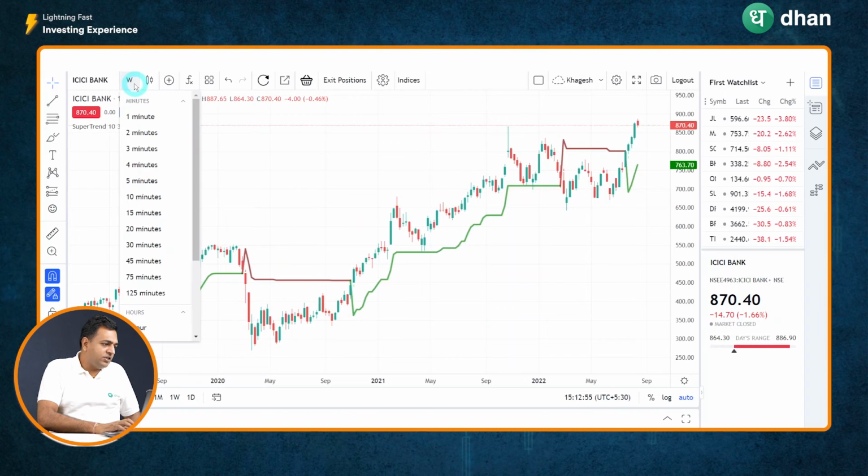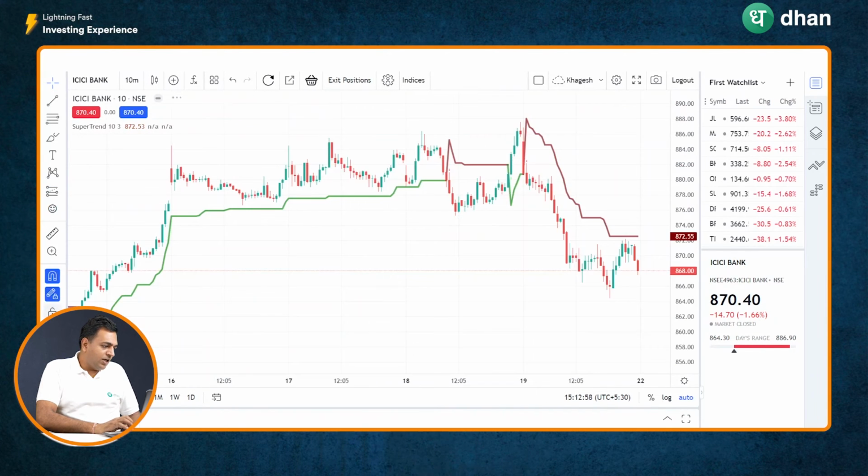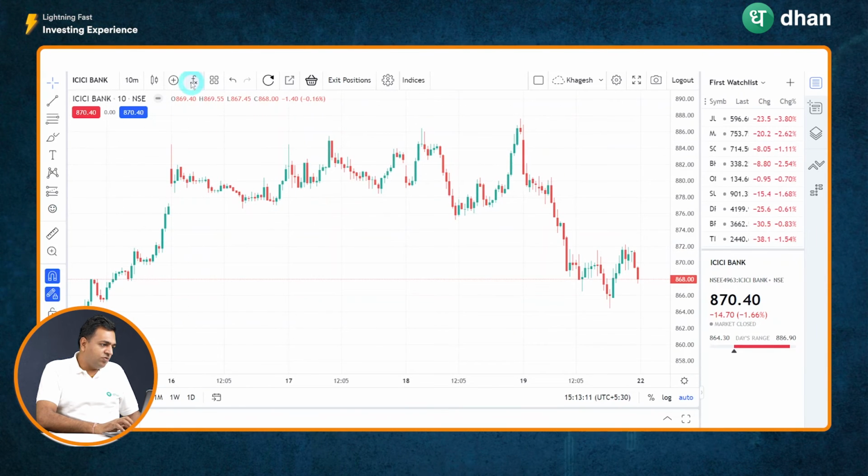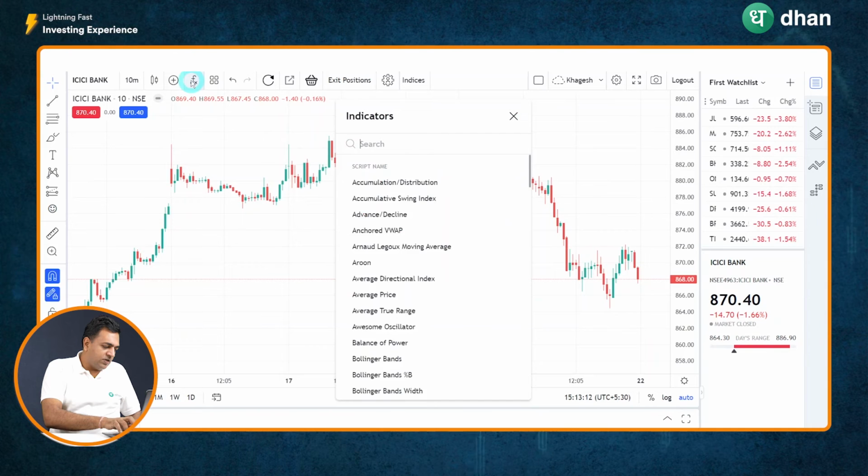And let's take this chart on a 10-minute time frame. Let me delete all the existing indicators and go to the indicators option and search for VWAP.